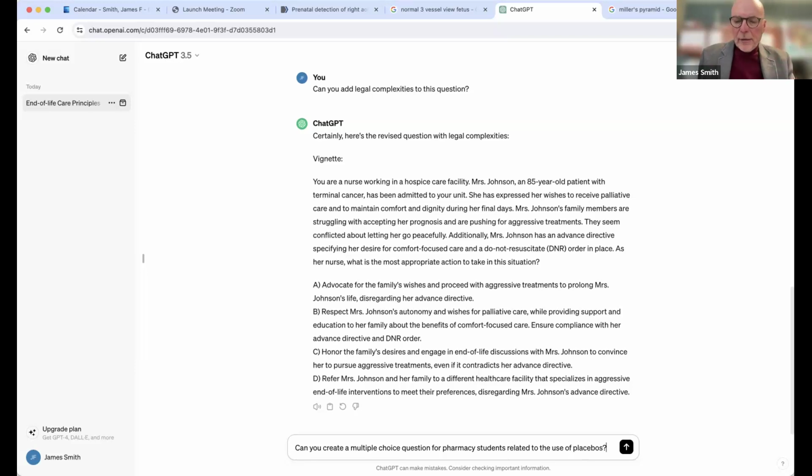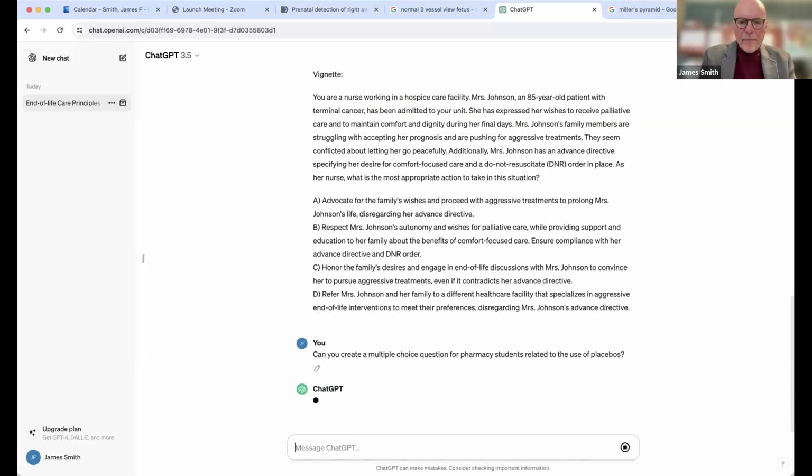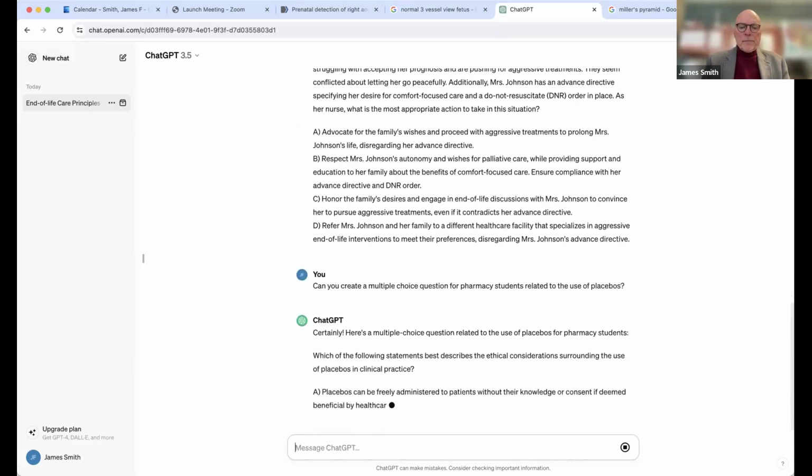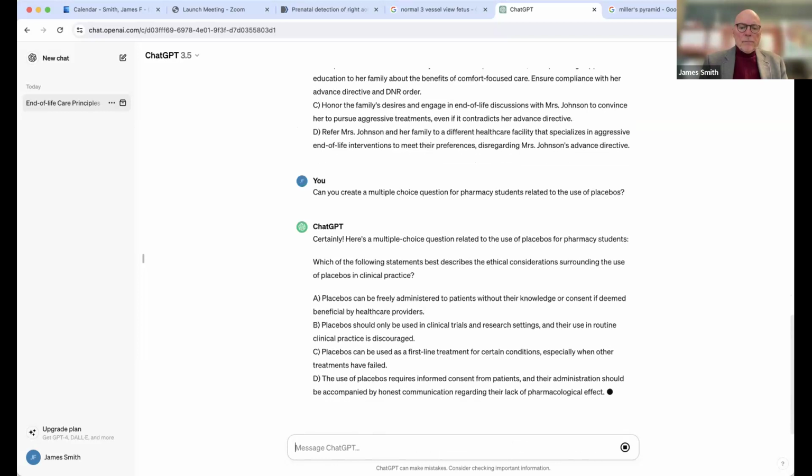So typically, it seems like ChatGPT will give us just one question test item with four answers. Let's see if we can predict that. We can sort of predict that.